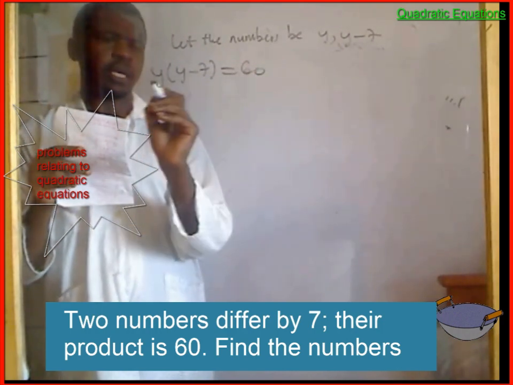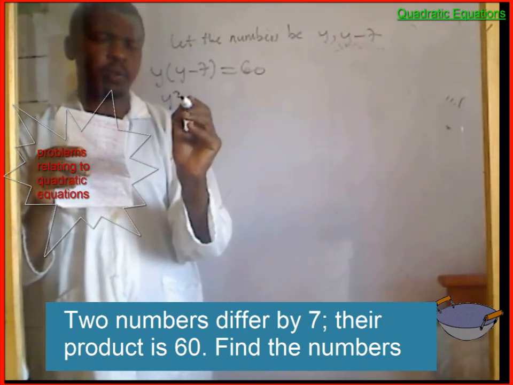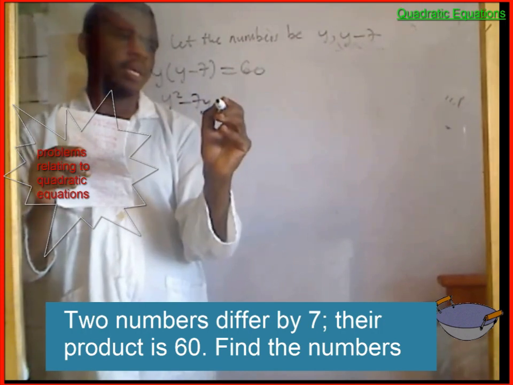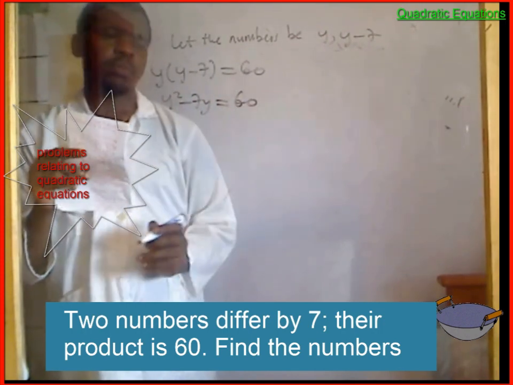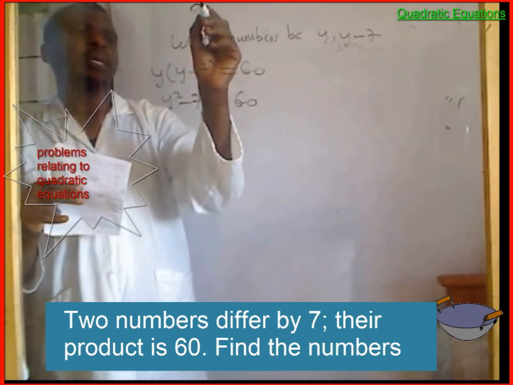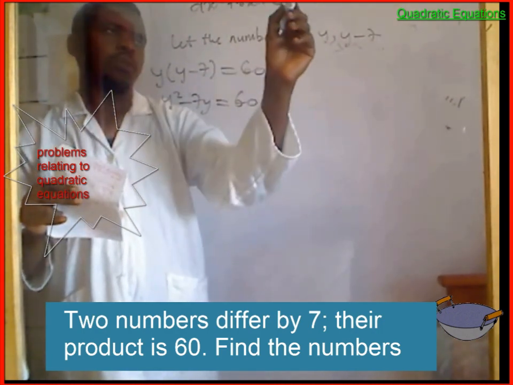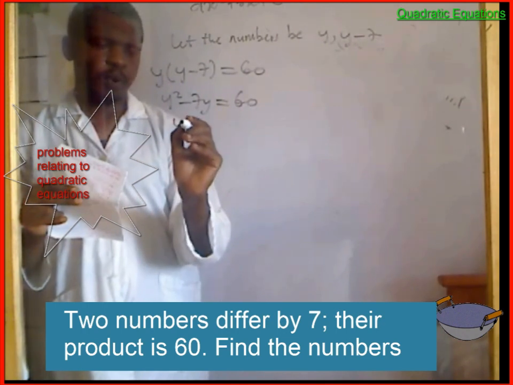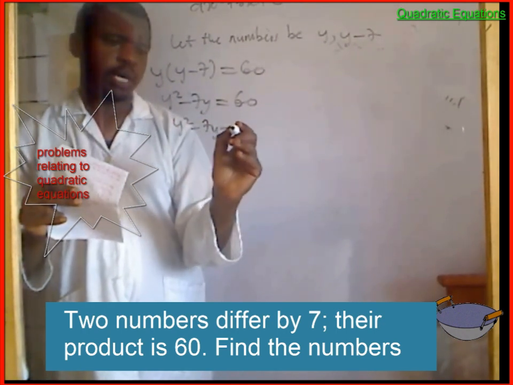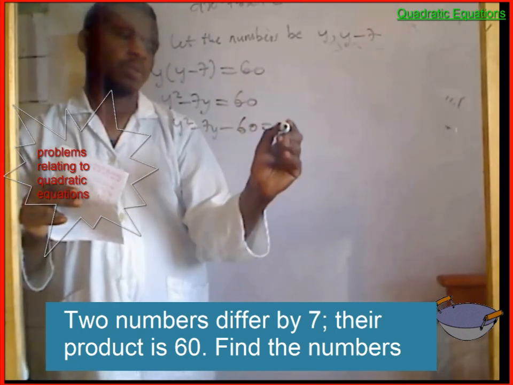Let's open the brackets: y squared minus 7y is equal to 60. I have to put this in the form ax squared plus bx plus c is equal to 0. So here I have y squared minus 7y minus 60 is equal to 0.